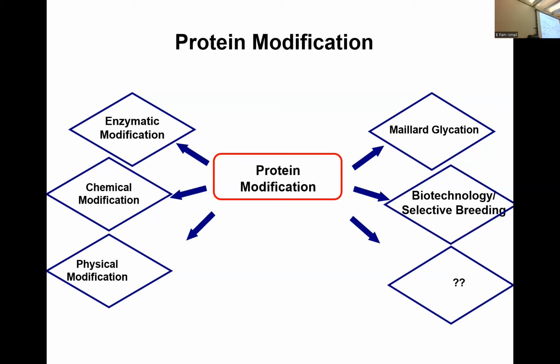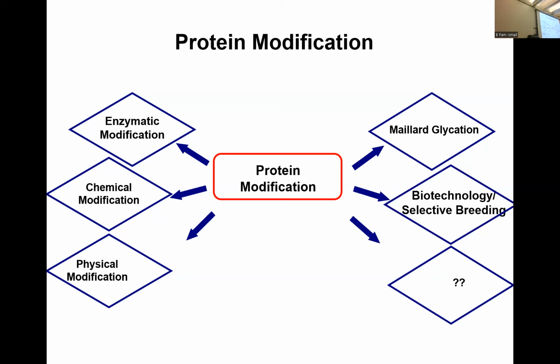Can we use ultrasonication for hydrolysis? Ultrasonication is a physical modification. Ultrasonication can result in hydrolysis and break down the bonds. That's why I don't say enzymatic hydrolysis, I say enzymatic modification, because with that you can hydrolyze.